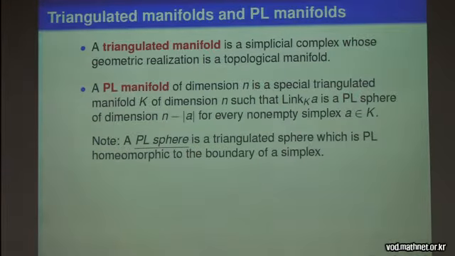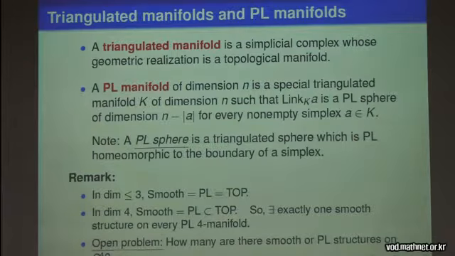Here, a PL sphere is a triangulated sphere which is PL homeomorphic to the boundary of a simplex. For PL homeomorphism, given two simplicial complexes, if you can subdivide the two complexes so that finally you get a combinatorial equivalence, then you can say that the two simplicial complexes are PL homeomorphic. That's its definition.